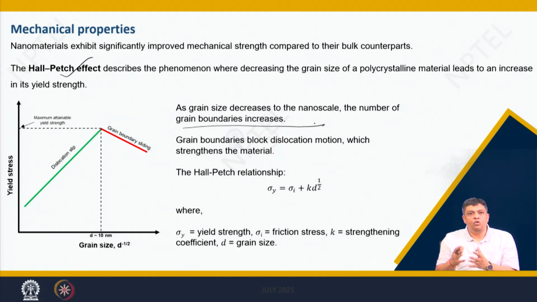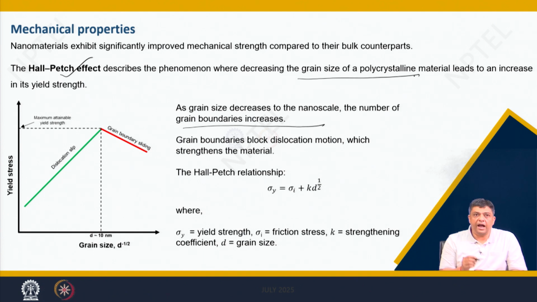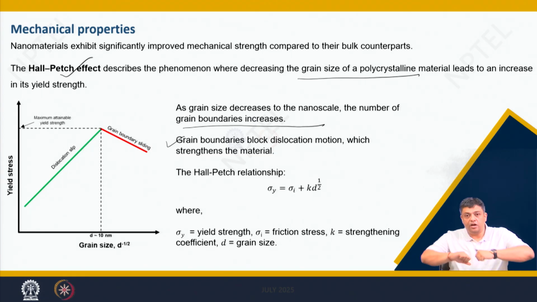So, obviously, what is happening if you have a polycrystalline material and you have reduced the size? These grain boundaries block the dislocation motion, because if you have a boundary and there is a crack moving, the crack sees a boundary and it cannot traverse to the next particle, and hence this is an example which you see.